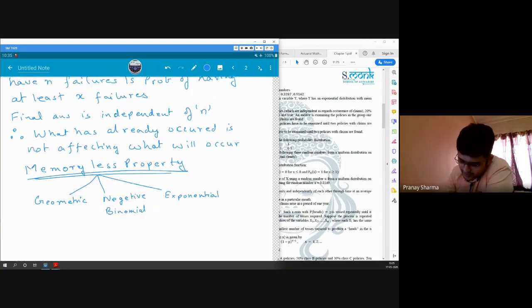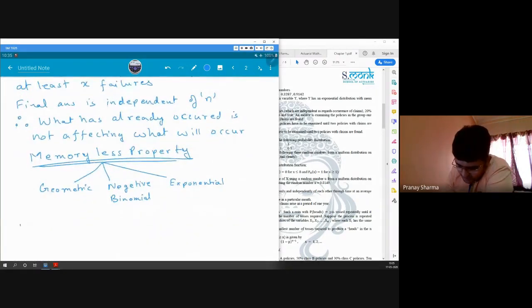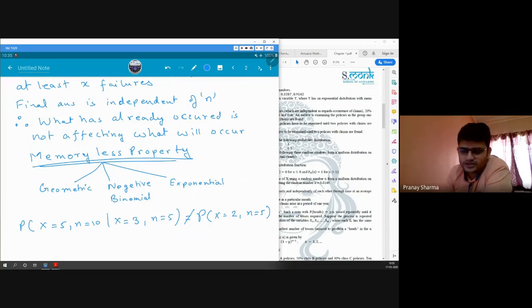I cannot say for the binomial distribution that the probability of getting, let's say, 5 successes out of 10 trials, given that I already have 3 successes in 5 trials, should be equal to the probability of getting 2 more successes in the next 5 trials. This will not be equal for the binomial distribution.